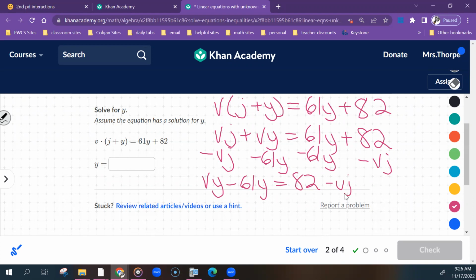Then just like before, we have to get the Y's out of both V and negative 61, so we're going to take it out. I'm going to write this over here, so that only V and negative 61 are left. And then the rest, 82 minus VJ.